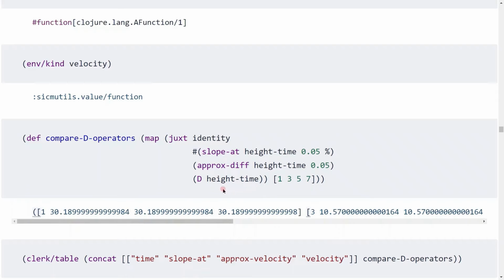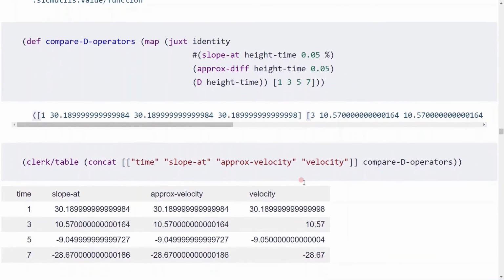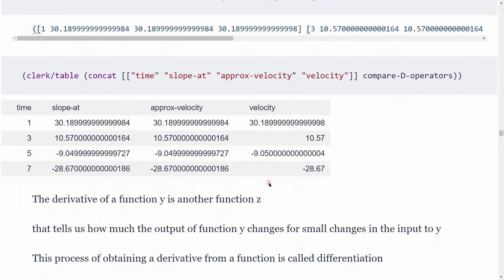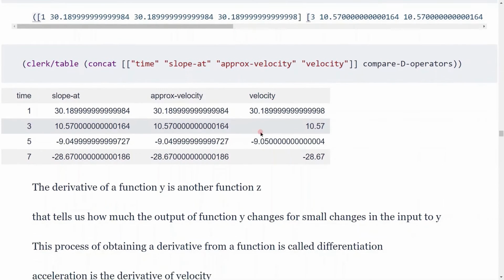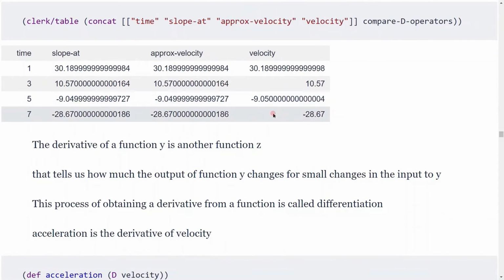So we'll map over a series of time values and display the results in Clerk as a table. Looking over the results, we find that all methods are very close to each other, but the velocity obtained with the D operator is not an approximation, unlike the other results.